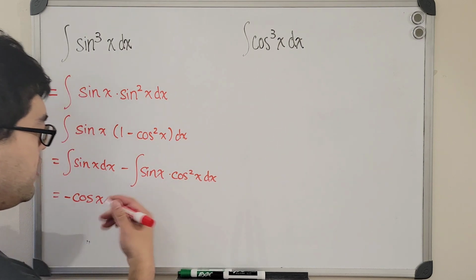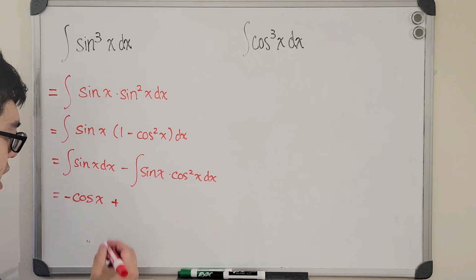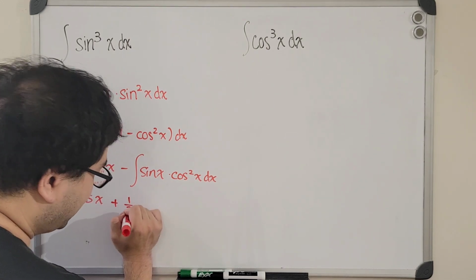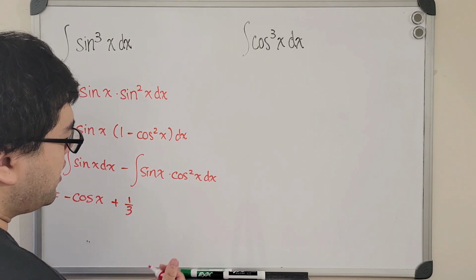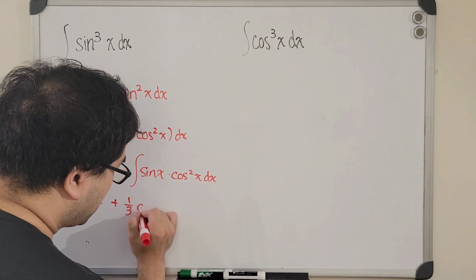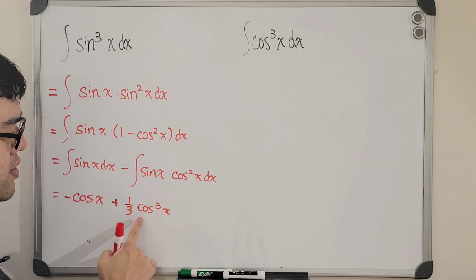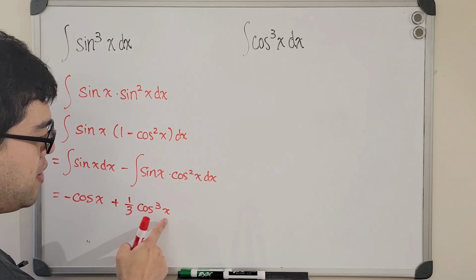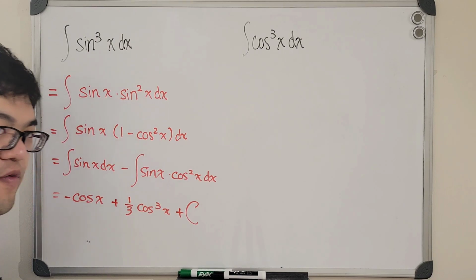And therefore, we now have the integral of u squared du. If we take the antiderivative of that, we will get 1/3 of u to the third power, where u again is just cosine of x. So we actually get 1/3 of cosine to the third power of x. And then don't forget, we need to end up with a plus c.